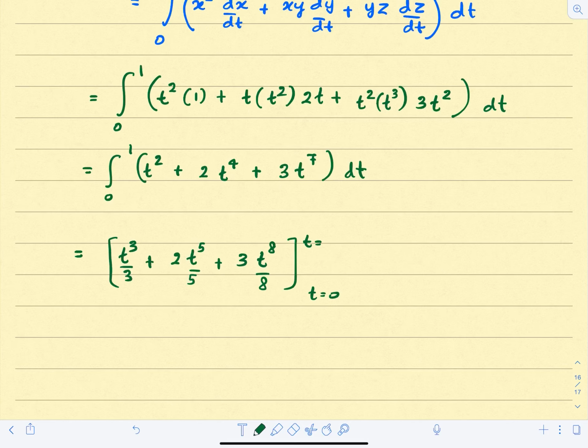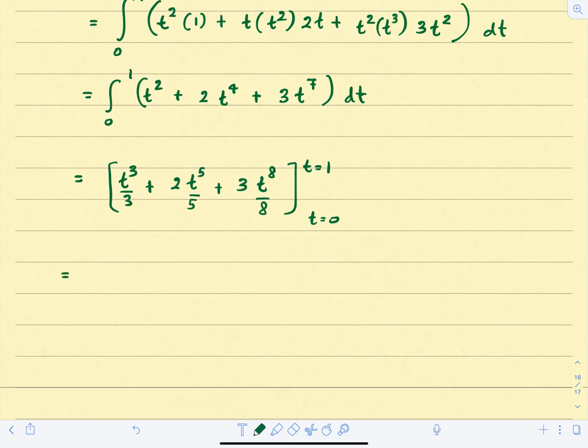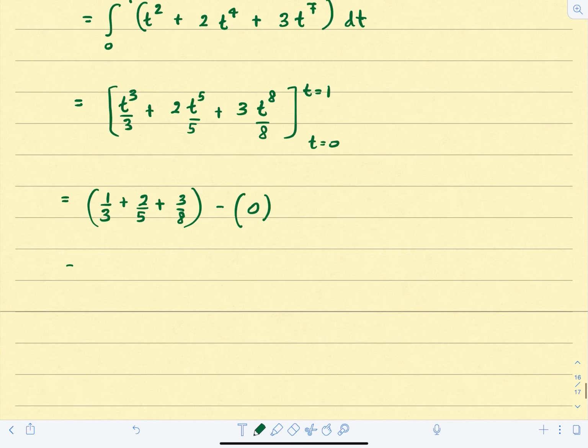Lower limit is 0, upper limit is 1. Let's evaluate the upper limit first. You will get 1/3 plus 2/5 plus 3/8 minus 0, and the answer should be 1/3 plus 2/5 plus 3/8.